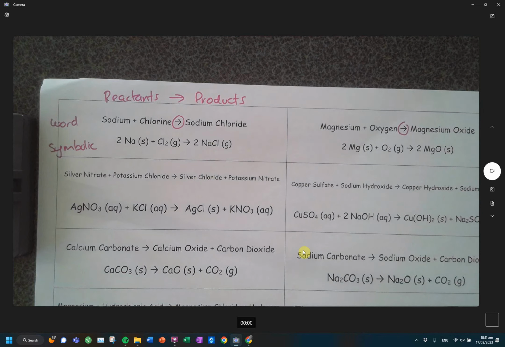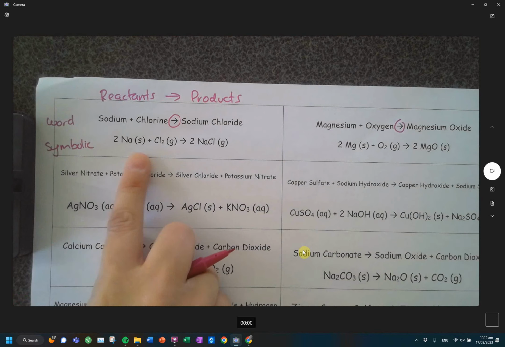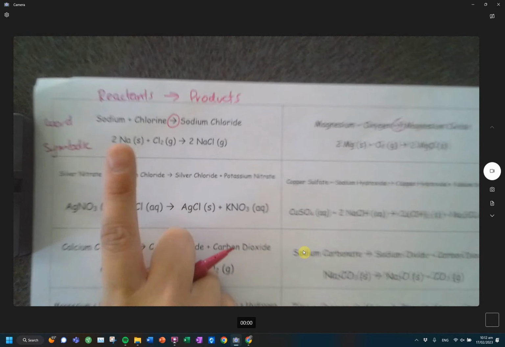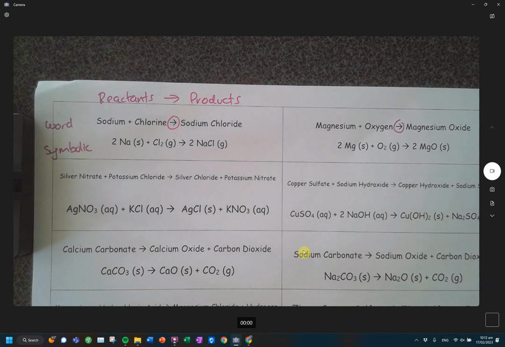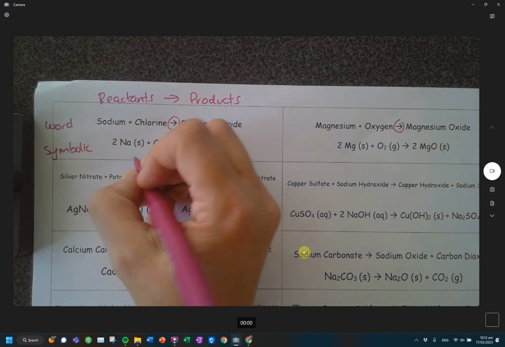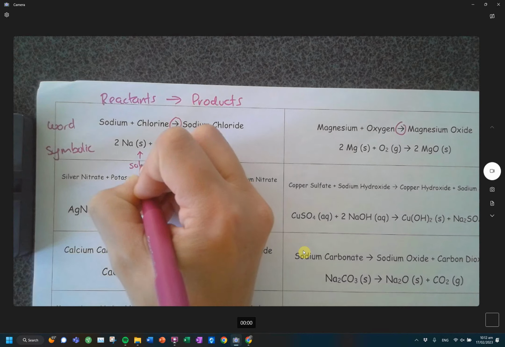That's toughest. All right. So, yeah, word, symbolic, reactants, products. The other thing you will notice that I've put on here are the states of matter. So S, what do we think that is? What are the 3 states of matter? Solid, liquid, gas. So S would be solid.